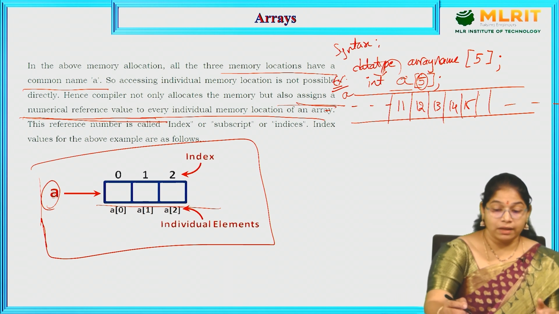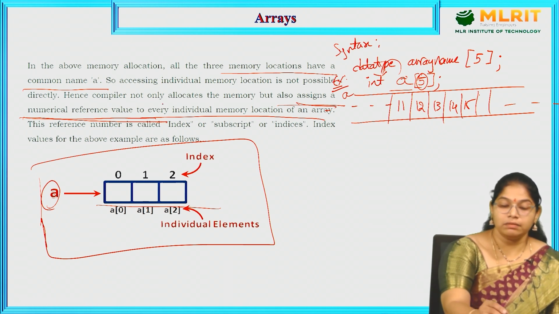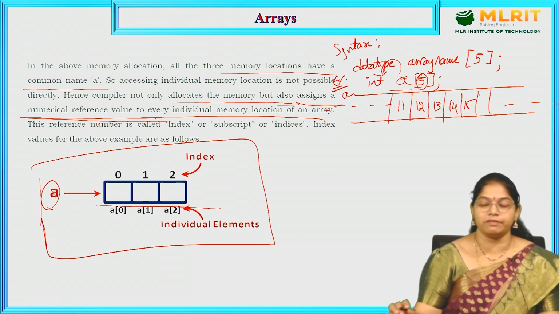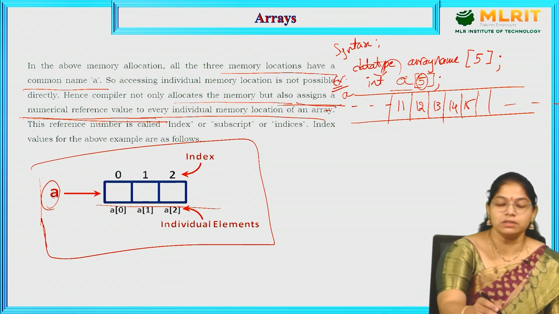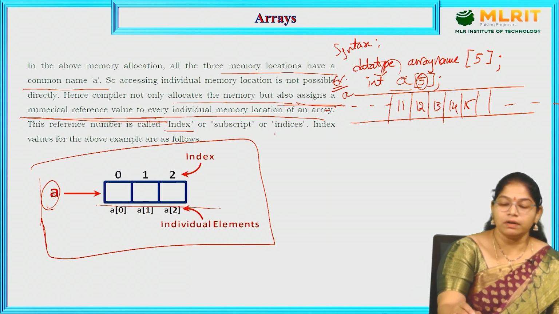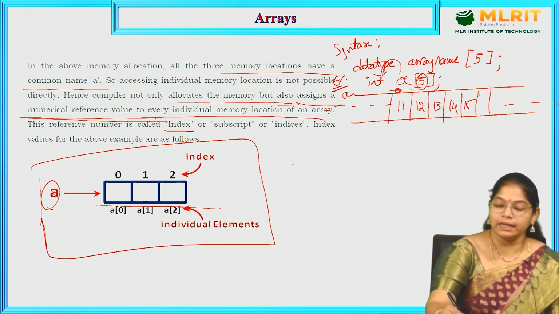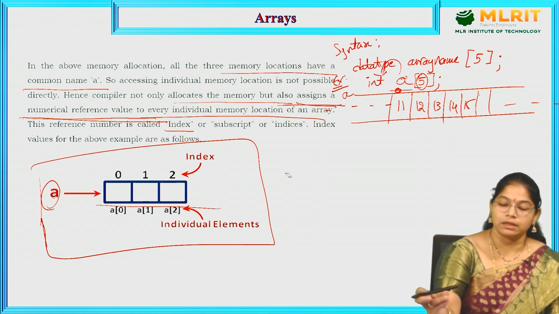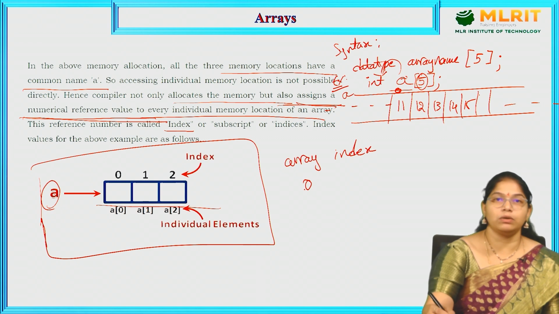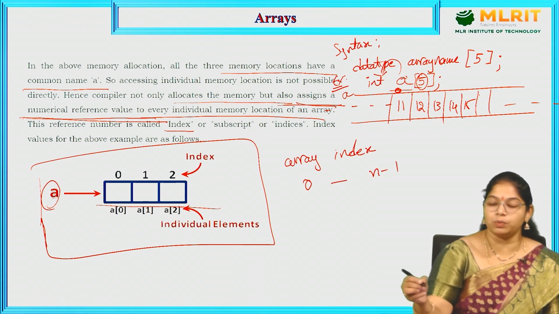So the compiler allocates the memory but also assigns a numerical reference. Numerical references are called index. The array index always starts with 0 and ends with n-1.